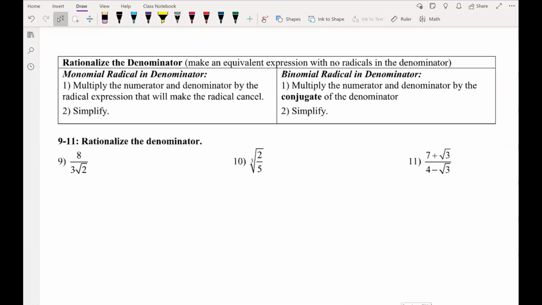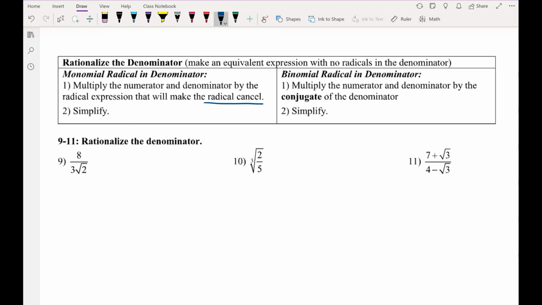It says here, rationalize the denominator, aka make an equivalent expression with no radicals in the denominator. If you just have one term in the denominator, called a monomial radical in the denominator, you multiply the numerator and the denominator by the radical expression that will make the radical cancel, and then you simplify.